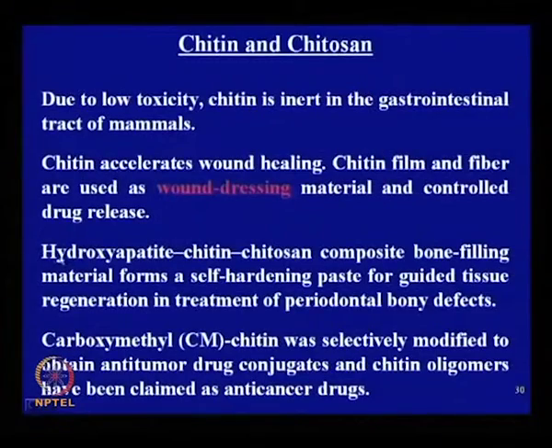That fabric can be used for wound dressing, and will be better than cotton and other things. Then you can make a composite of hydroxyapatite, chitin and chitosan, which can be used for bone filling.